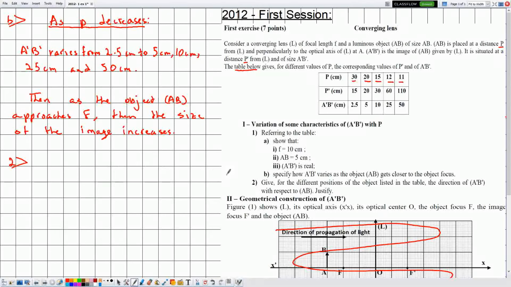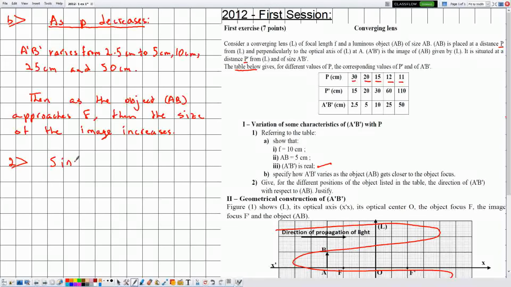Now in part 2 they are telling me to give, for the different positions of the object listed in the table, the direction of A prime B prime with respect to AB. We have proved already that the image A prime B prime is real, and we know that a real image is inverted with respect to the object. Okay, so this is the direction of A prime B prime with respect to AB.